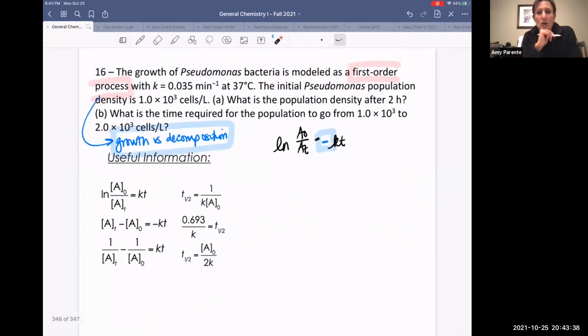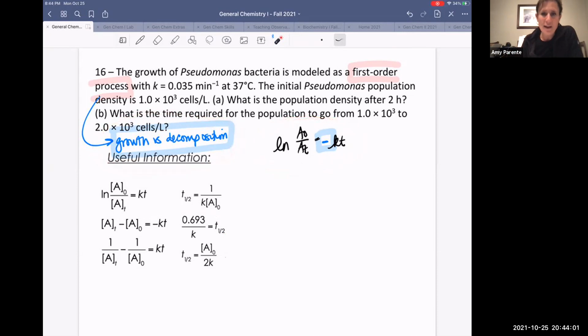Okay, so this is a challenging problem because we actually have to change and manipulate the equation that we're using. Because they're talking about bacterial growth, which means we're actually going to be increasing concentration. They tell us that it's a first order process, but when we're talking about growth versus decomposition, we actually need to change this equation.